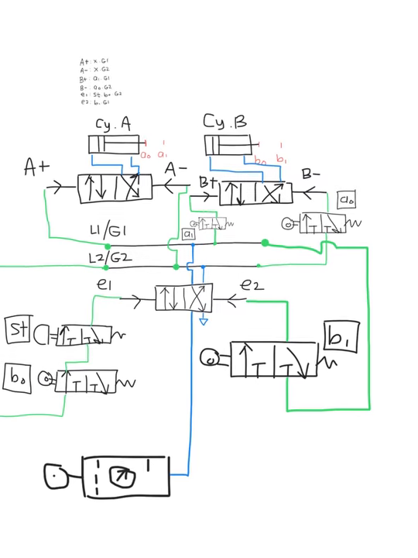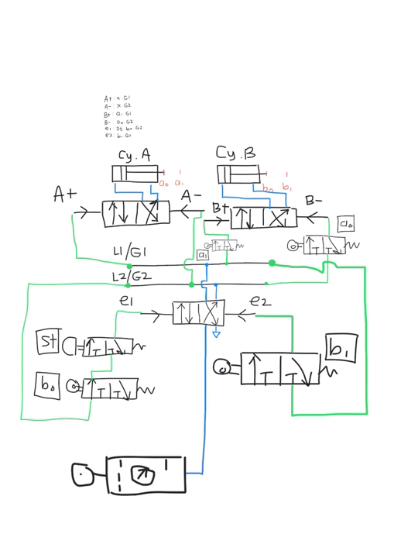That's all for the pneumatic diagram. According to this circuit, you can refer to your sequence, which is A plus, A minus, B plus, B minus. Thank you.